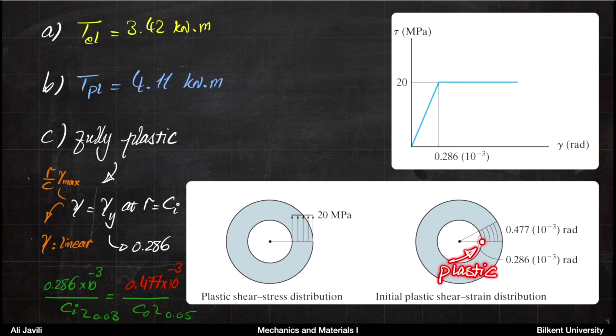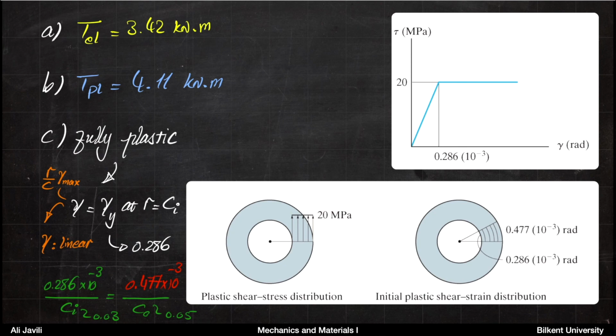And if this point is plastic, and because it is a linear distribution, everything beyond this point has a larger strain. That means if at the inner radius you just reach plasticity, at the outer radius it is definitely also plastic. So that's how you should look at it.